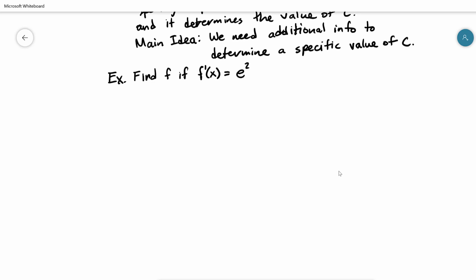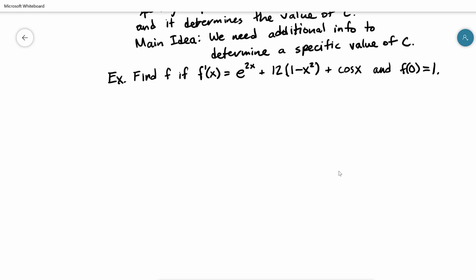It's e to the 2x plus maybe 12 times 1 minus x squared plus, let's do cosine of x again. And if I tell you that f of 0 is equal to 1.